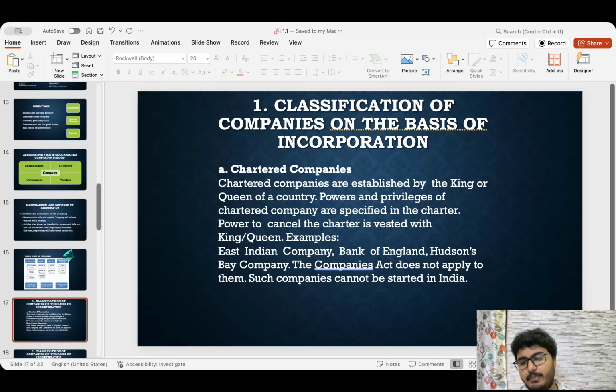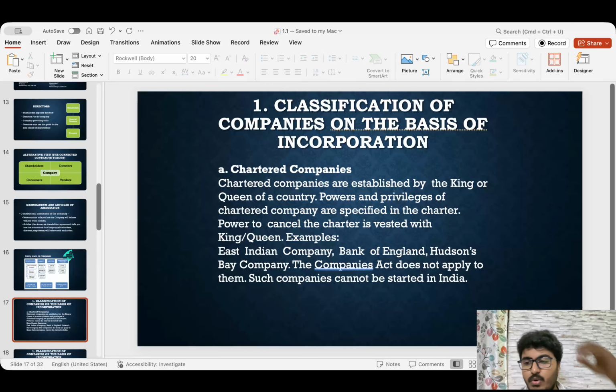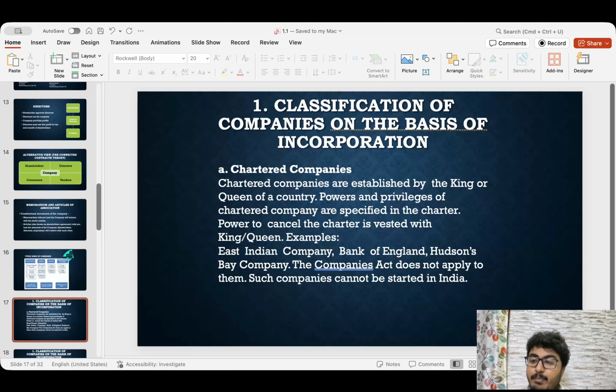Classification of companies on the basis of incorporation. Number one, chartered company. Chartered companies are formed through a royal charter granted by the king or queen. Their powers and privileges are defined in the charter itself.